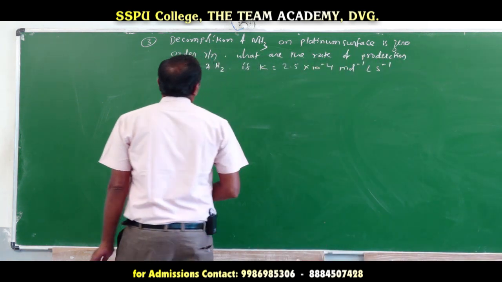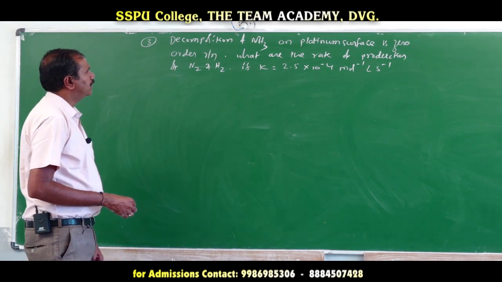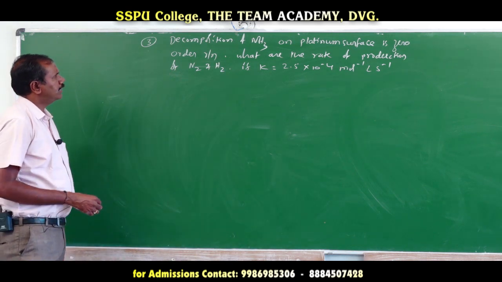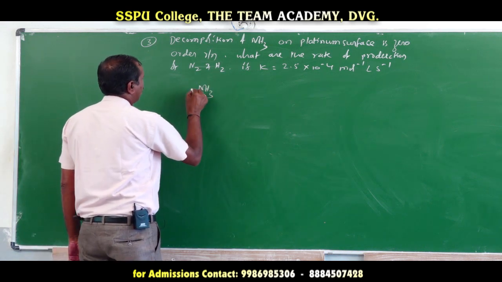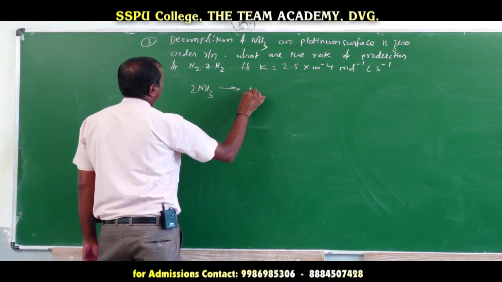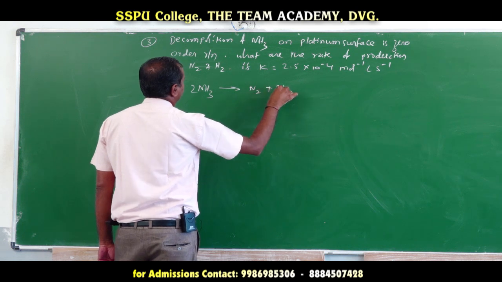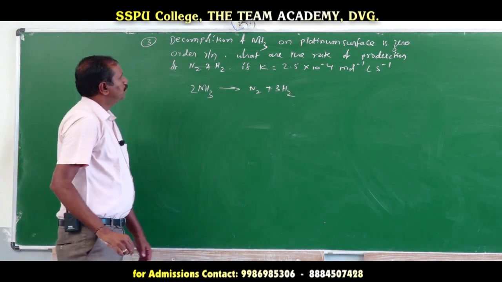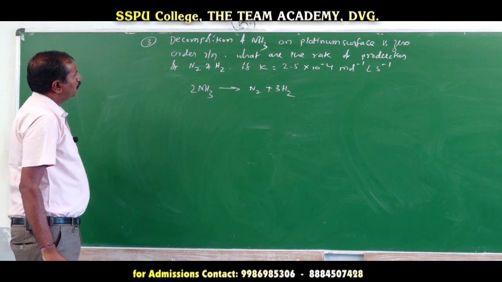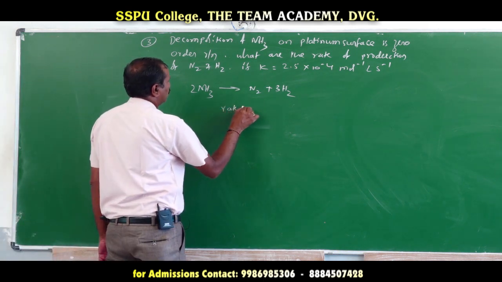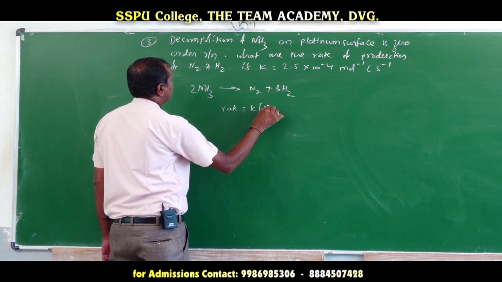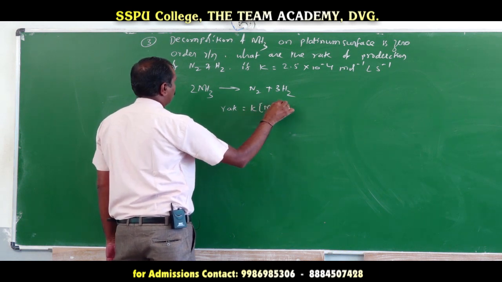So the decomposition of ammonia on a platinum surface is given, and it is zero order. The decomposition of ammonia is nothing but 2 molecules of ammonia decomposing to form N2 plus 3H2. So it is zero order, where rate equals K into NH3 to the power of 0.